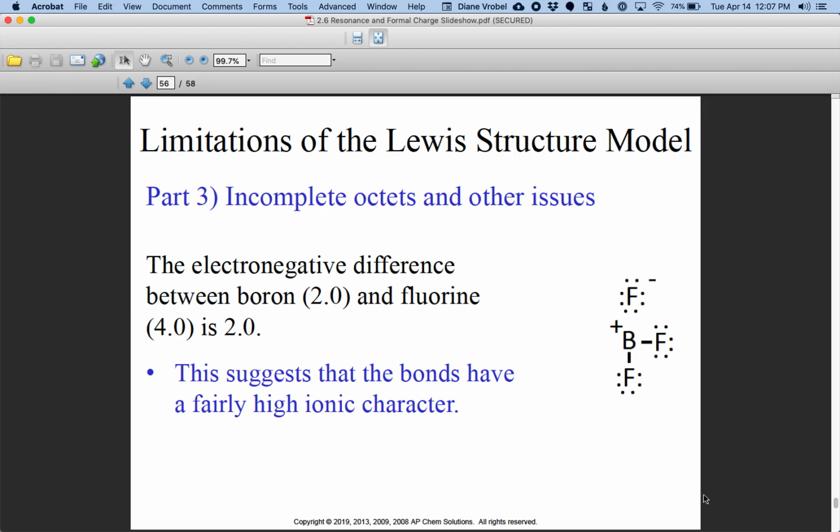Now, the other challenge with this is if you were just to subtract the difference in electronegativity between boron and fluorine, you could argue it's 2.0, which is greater than 1.9, and you could argue that this is an ionic compound. And the way this structure has been drawn here, this shows the ionic structure of boron trifluoride, and you could argue that there's an ionic bond between boron and fluorine.